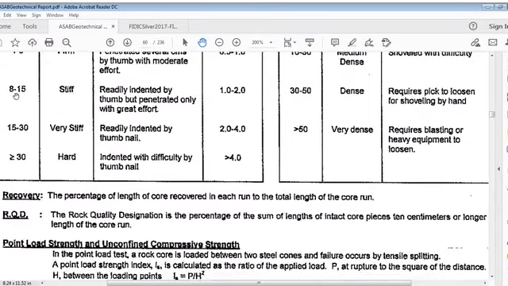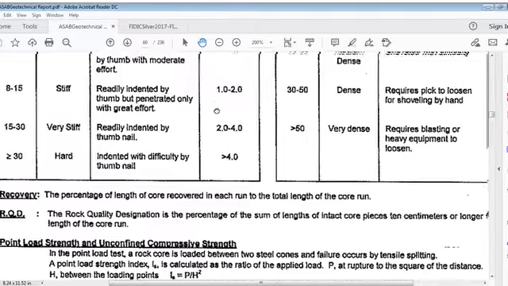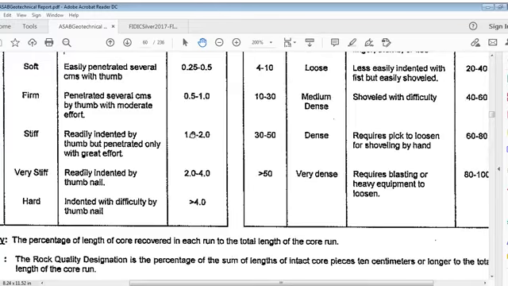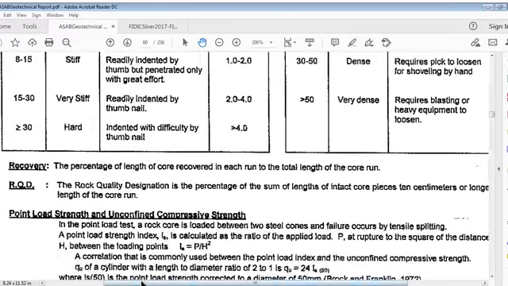8 to 15 blows is stiff, readily indented by thumb, but penetrated only with great effort. And its strength is 1 to 2 kilogram per centimeter square.